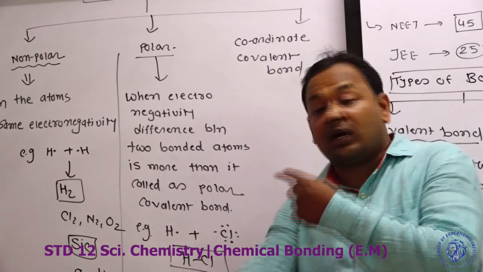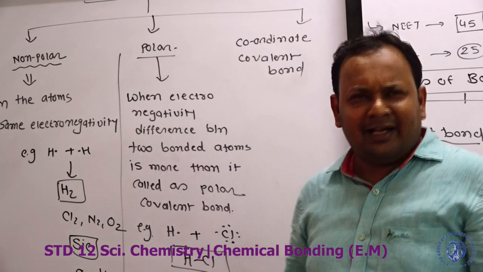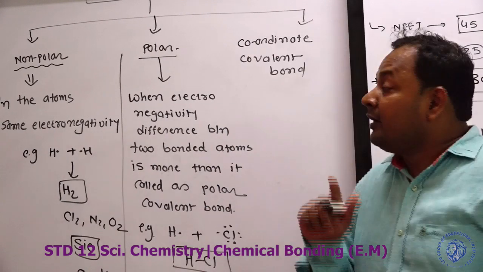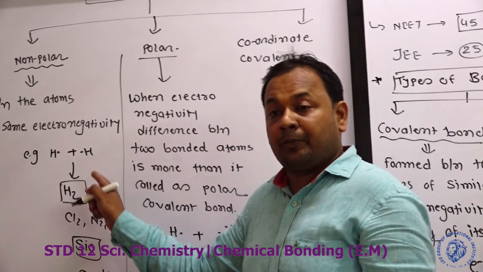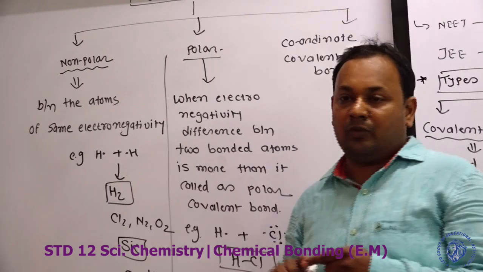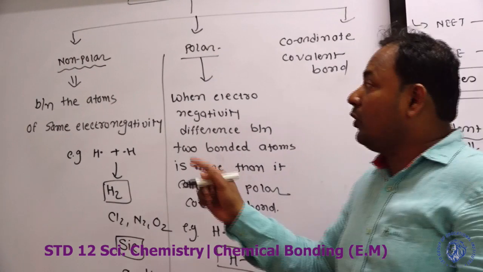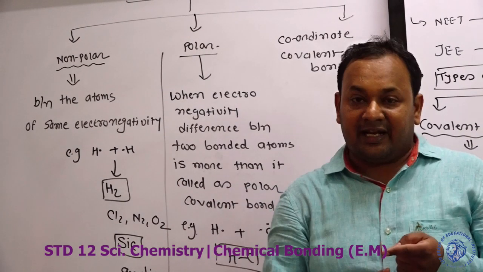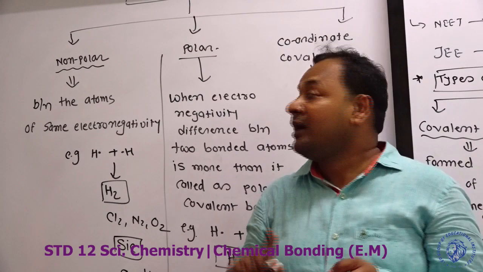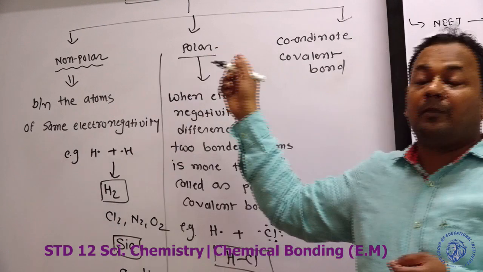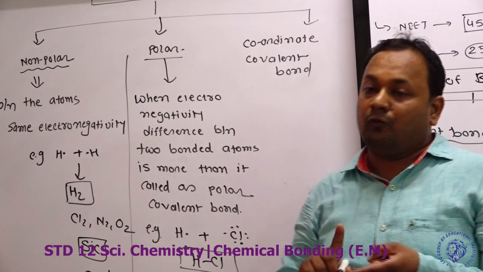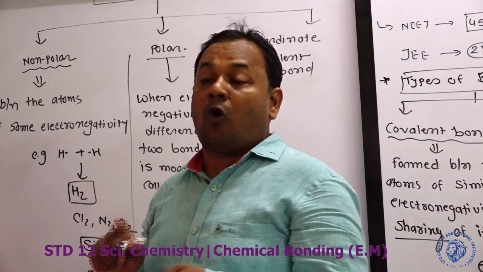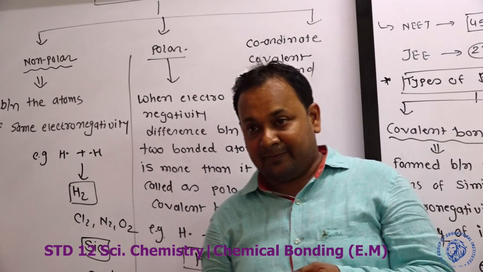If you try to mug up, you will not be able to remember. Basically you should know the non-polar and polar compounds. Non-polar compounds dissolve in a non-polar solvent like benzene, carbon tetrachloride, carbon disulfide, etc. And polar compounds can be dissolved in a polar solvent like water, alcohol, etc. Alcohol is a unique example which is an organic solvent but still polar in nature.